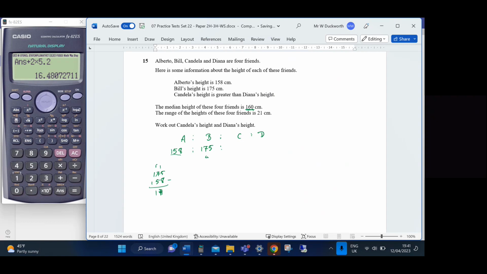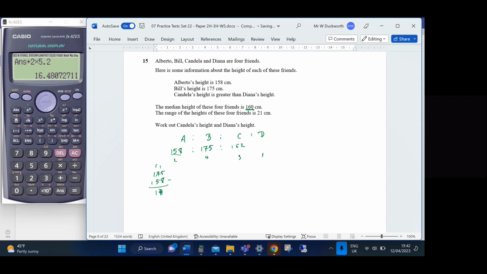So 175 is going to be the tallest, and 158 has to be the second tallest. Candela's height is greater than Diana's, so Diana has to be the shortest, and Candela has to be the third tallest. To create a median of 160, if the second tallest is 158, the third tallest must be 4 above that, so it must be 162.